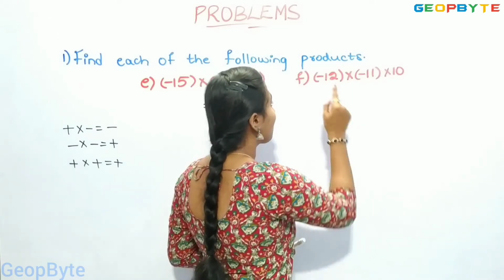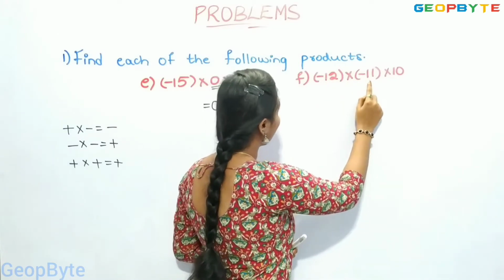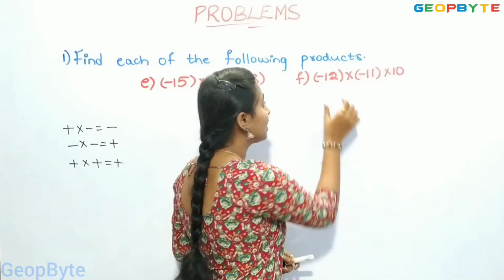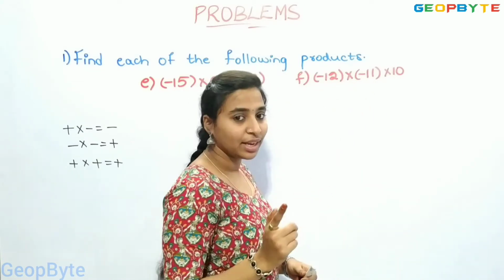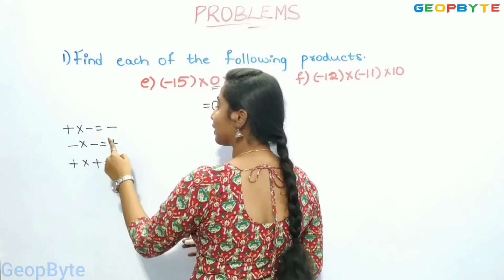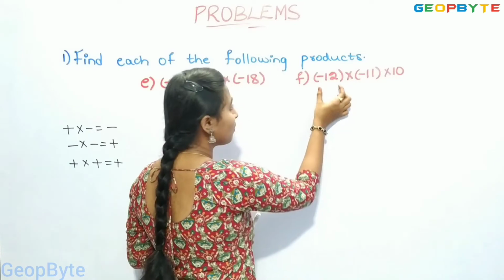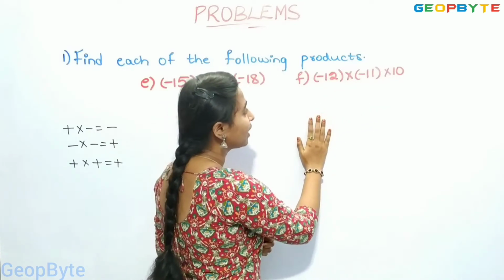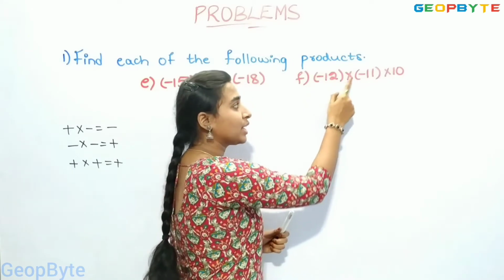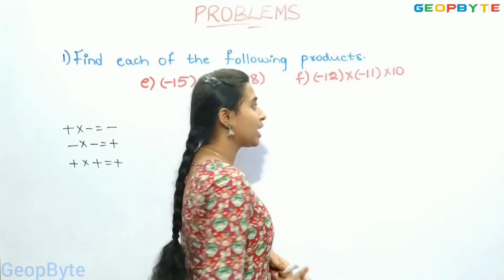We have minus 12 into minus 11 into 10. First, let us solve these negative integers. We have the rule minus into minus is equal to plus. So, these two negative integers, that is minus 12 into minus 11, minus into minus becomes plus.